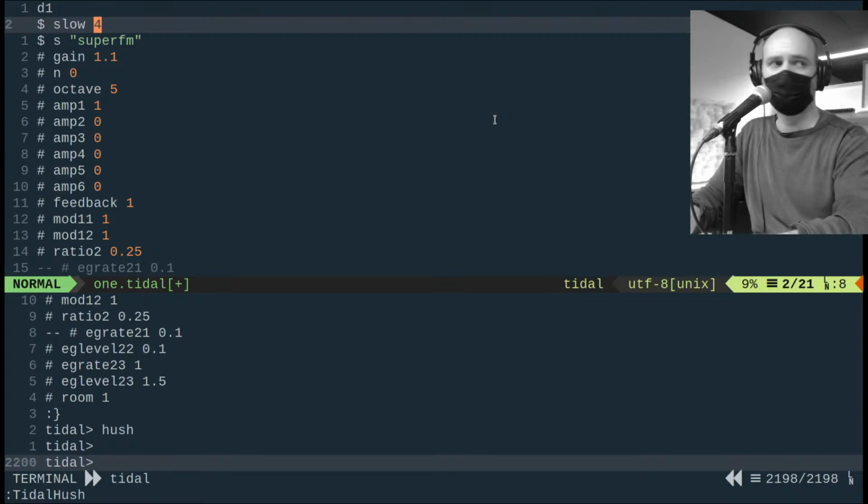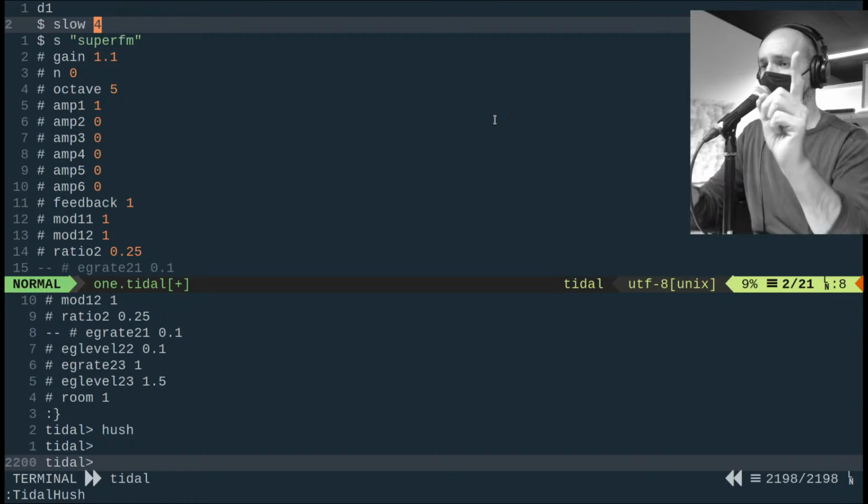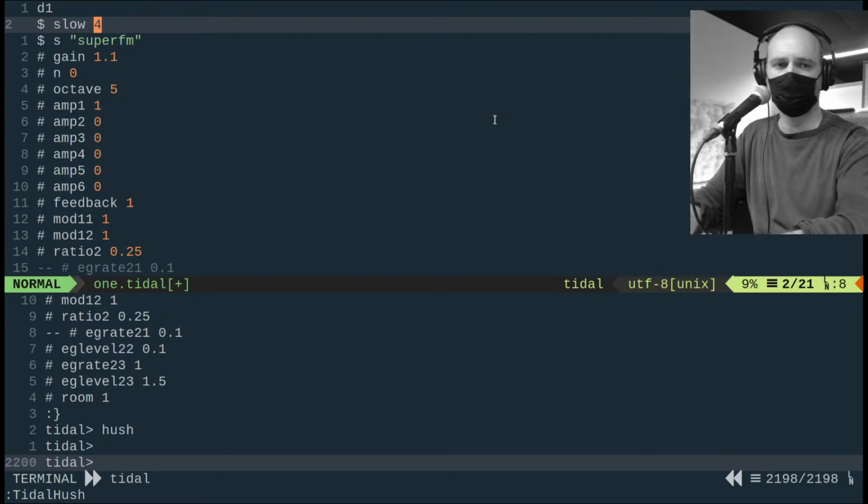If I put a fast cycle, the envelope will just tighten, okay?